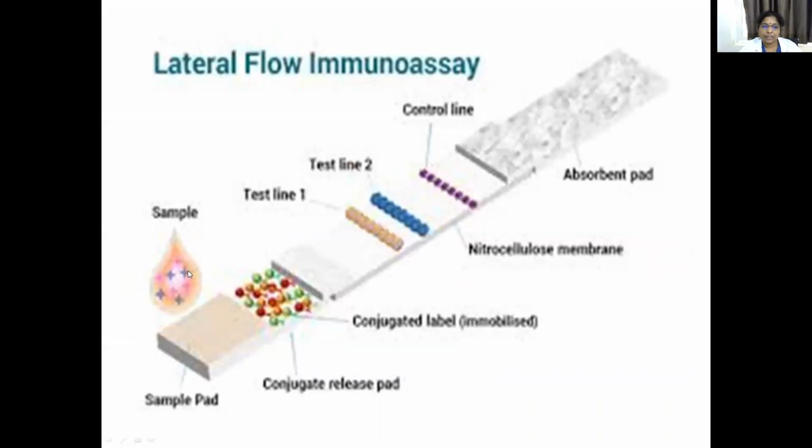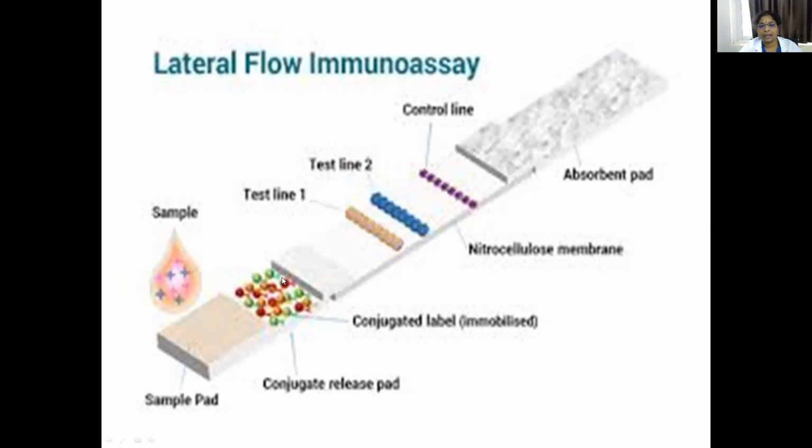So the antigen and gold colloid antibody complex will combine with the capture antibody present in the test line. So the antigen from the patient sample is sandwiched between the gold colloid antibody and the capture antibody. That is the sandwich ELISA concept present in this lateral flow assay.